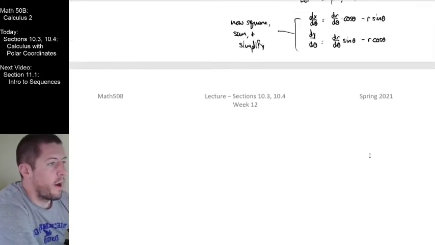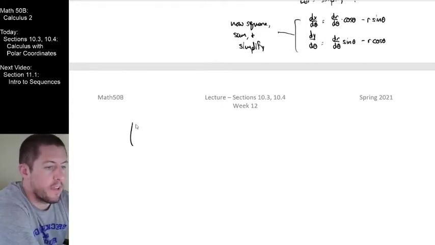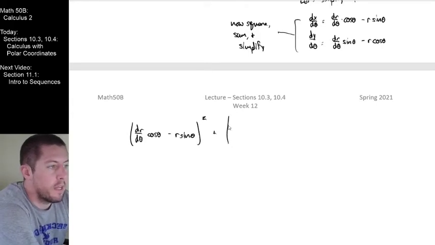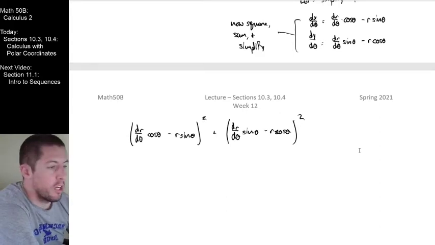I'm just squaring these two terms and adding them together and hoping to see some simplification. So I'm seeing dr d theta cos theta minus r sine theta, squared, plus dr d theta sine theta plus r cos theta, squared. And I'm hoping that this is going to look less gross than this.